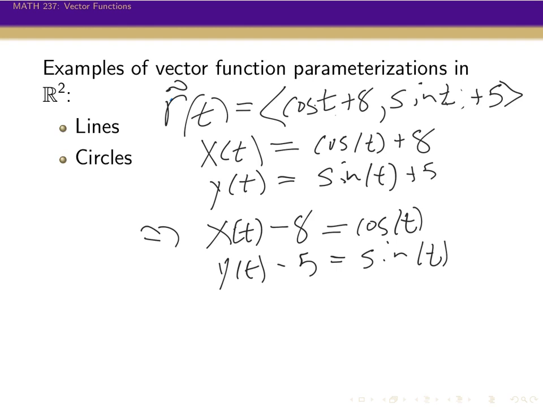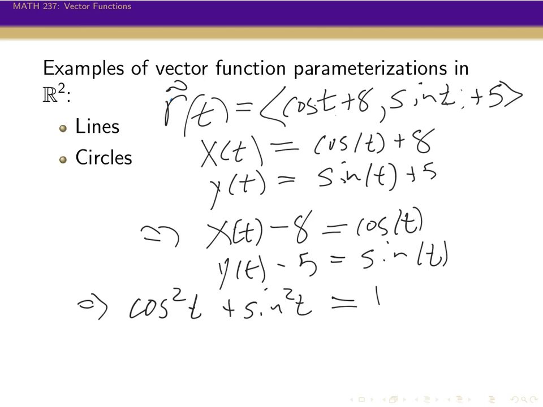From the Pythagorean theorem, I know that cosine of t squared plus sine of t squared is always going to equal 1.